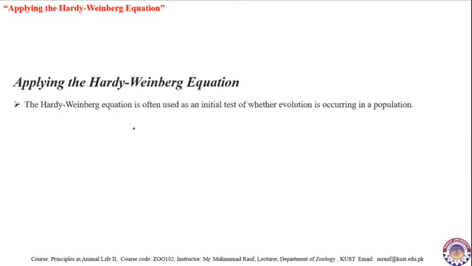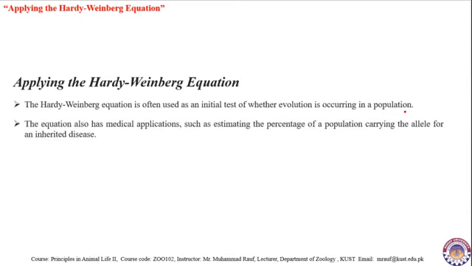The Hardy-Weinberg equation is often used as an initial test of whether evolution is occurring in a population or not. The equation also has medical applications, such as estimating the percentage of a population carrying the allele for an inherited disease.